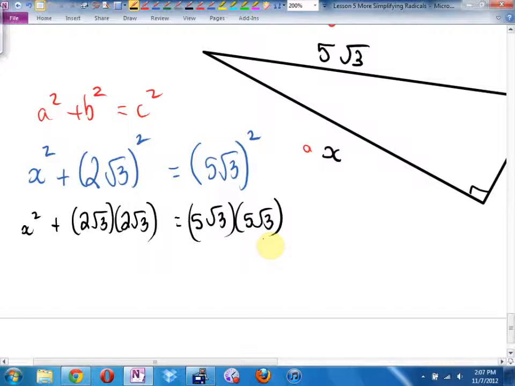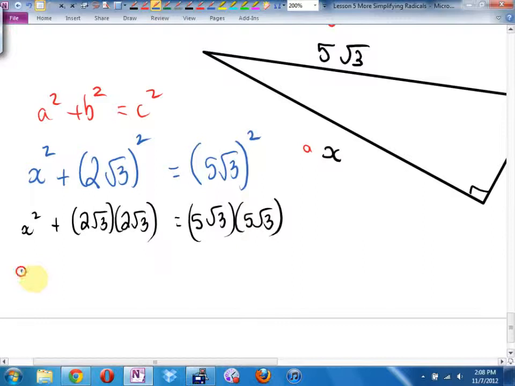You with me? I don't know where we're going, but I can write it out. You okay with this line here? What does squared mean? So, 2 root 3 all squared would mean 2 root 3 times 2 root 3. 5 root 3 all squared would mean 5 root 3 times 5 root 3. How's that help? I don't know, but I've got to try something.